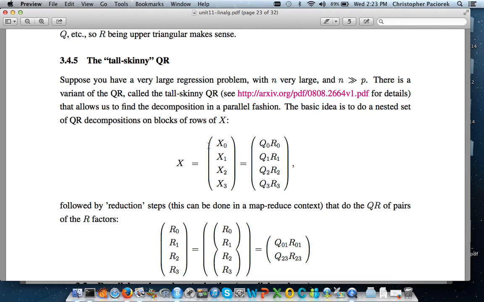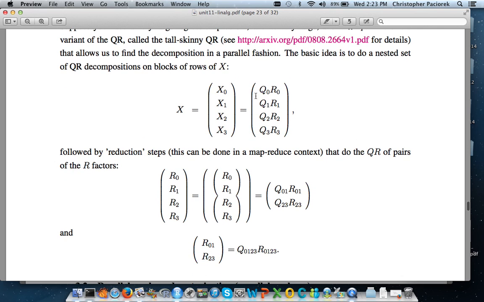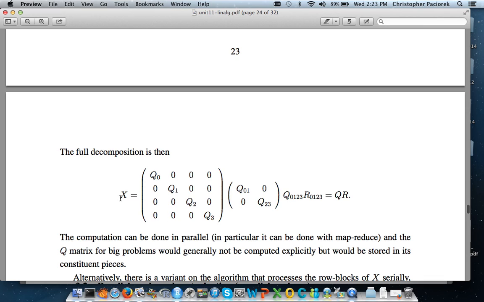But it turns out that when you look at this problem, you can actually do a series of smaller QR decompositions, where first you do this set of QR decompositions to sub-pieces of X, and then you take the R matrices and do another set of QR decompositions to the sub-pieces of R, and eventually at the end of the day, what you end up with is X equal to this representation.